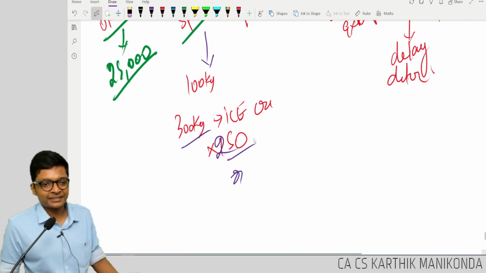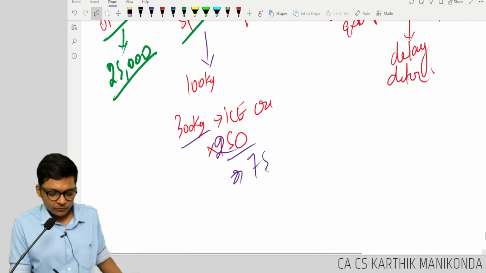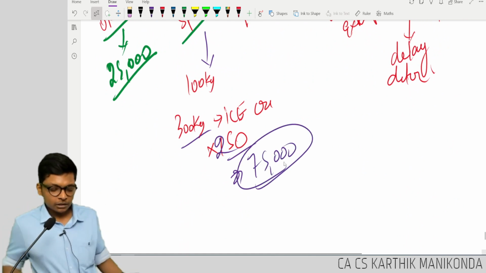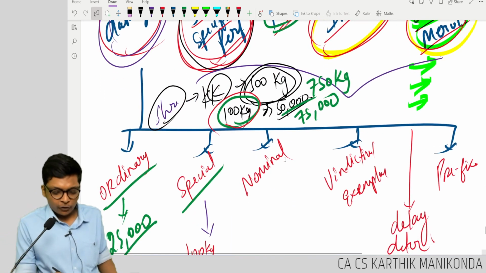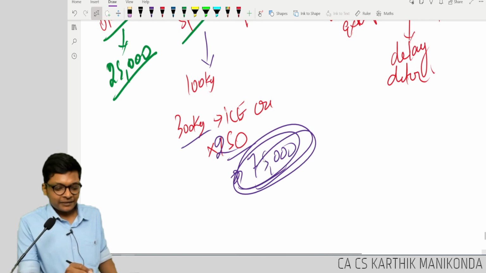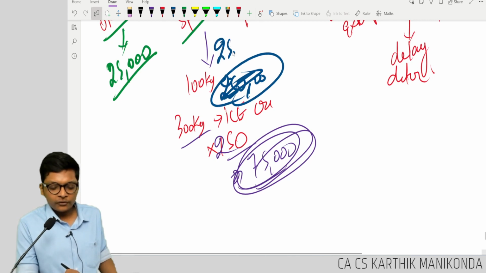Make it 250 rupees. I want to sell each kg of Kaju Katli ice cream for 250. 75,000 was my planned gain. So I would have purchased Kaju Katli for 50,000 and sold Kaju Katli ice cream for 75,000, and I would have made a profit of 25,000. Correct?